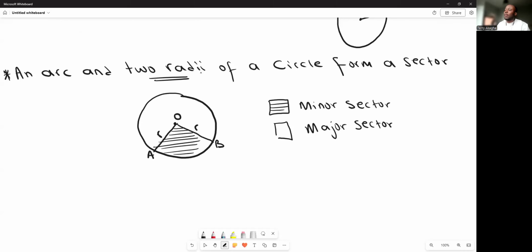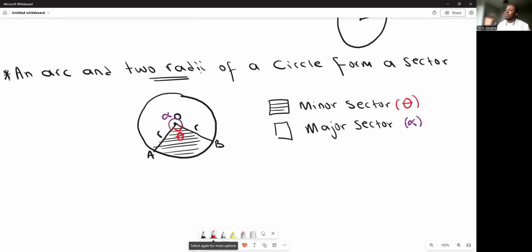Another thing I told you is that for every sector, for the minor sector, the angle here is going to be called theta, while for the major sector, the angle here we can call alpha.